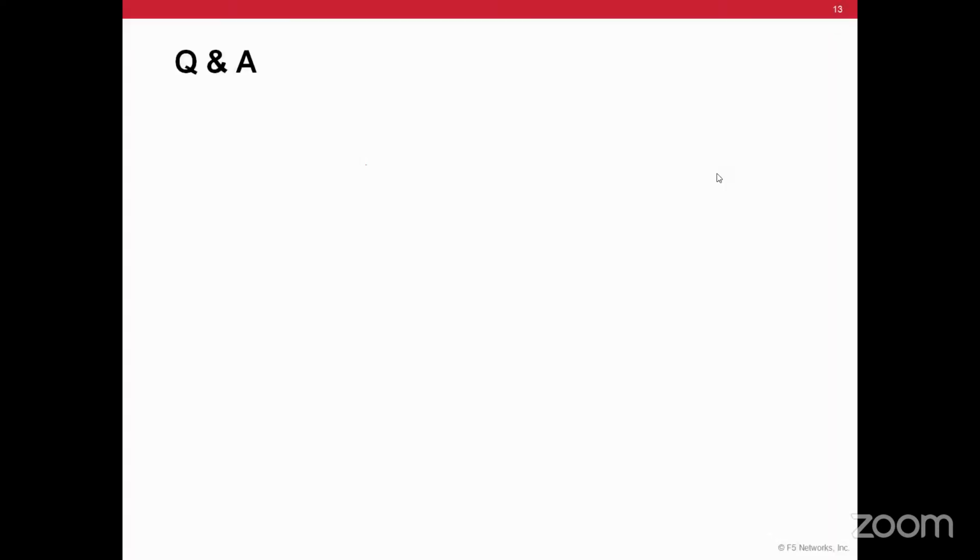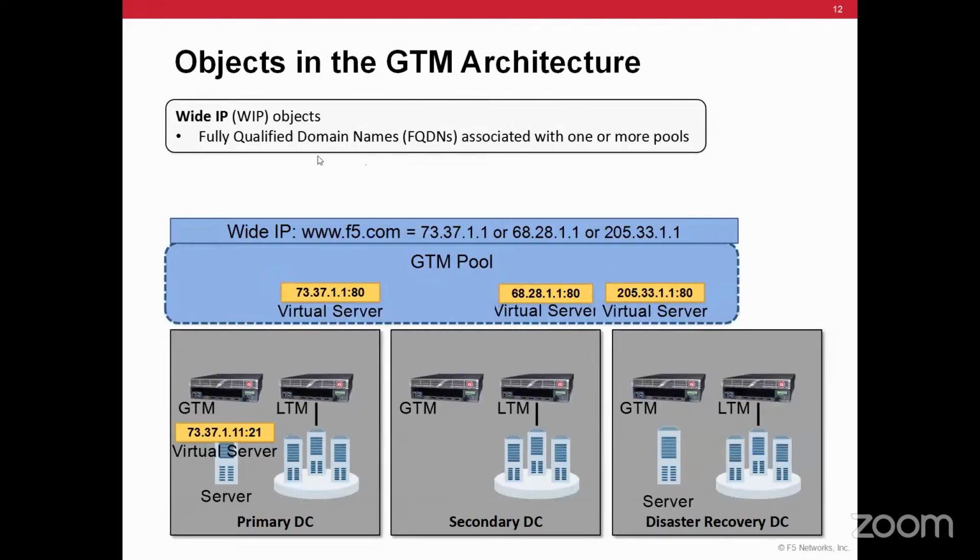The IP of the virtual server is what the user will get, but this virtual server is hosted on some box. That is the server. Kind of the same thing, but not exactly, so don't get confused.